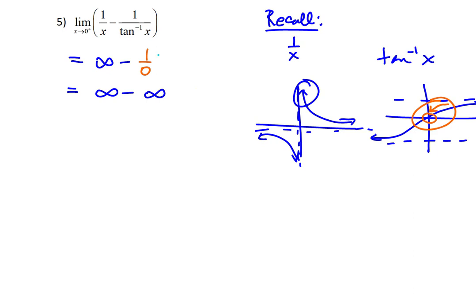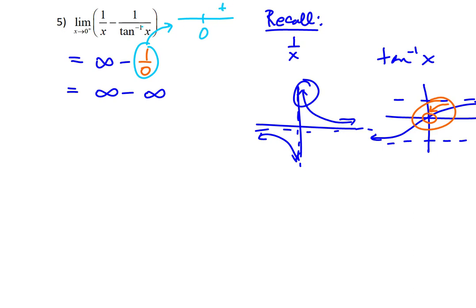Just to clarify on this deduction thing, this step can be a little tricky. When I have 1 over 0, if you imagine using deduction on a number line, we're approaching 0 from the right. The whole point of this little expression, the 1 over tangent inverse of x, is that the numerator is 1, which is guaranteed to be positive.